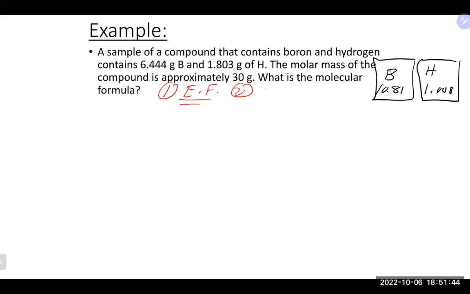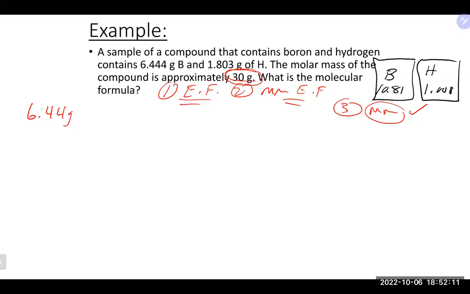We then need the molar mass of the empirical formula, which we could calculate. And thirdly, we need the molar mass of the compound, and that was given to us. It's an approximate value of about 30 grams per mole. So the first thing we're going to do is roll through an empirical formula calculation.